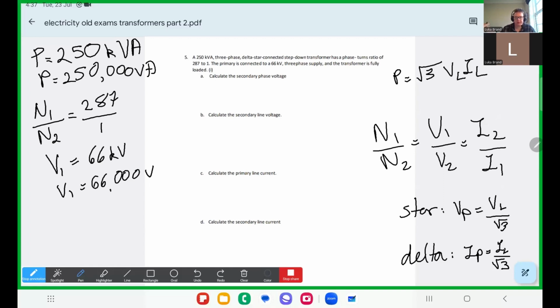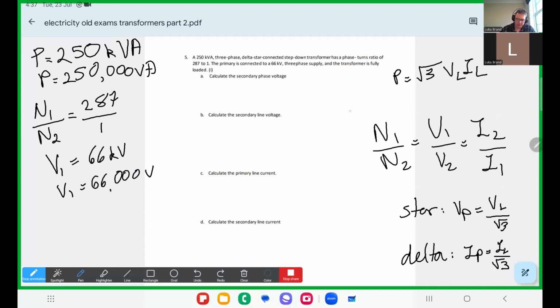I also know that it's a three-phase supply. If it's a three-phase supply, I cannot use my voltage, resistance, current, power wheel. Cannot. All right. So I want to find the secondary phase voltage.